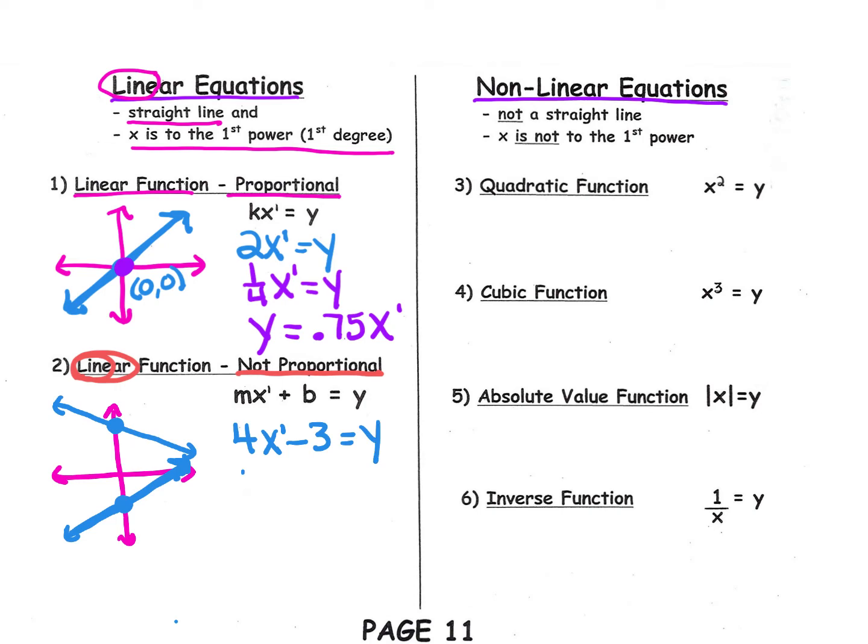Or we can have a fractional coefficient, 1/4 times x plus 2 equals y. And yes, on occasion we see decimals involved, such as 0.5 times x minus 1. All of those are linear, non-proportional equations. They will graph as a line, but they will not go through the origin.